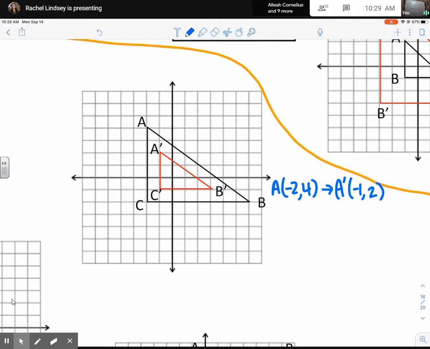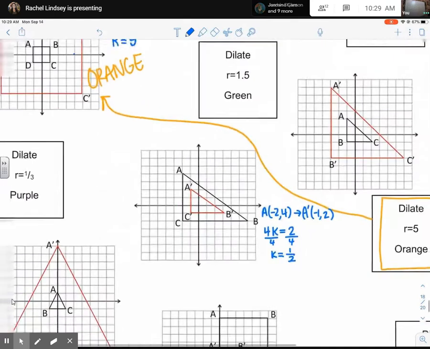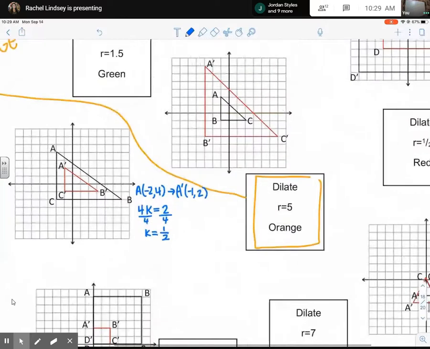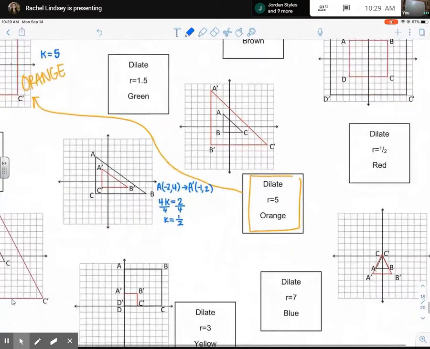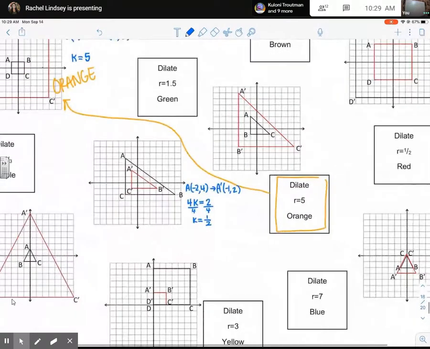You can look at your x's or your y's. I'm going to look at y's this time. So 4 times k has to give me 2. So I can solve for k, divide both sides by 4, and what's my scale factor there? 1/2. So green or red? Wait, never mind. Red. So that would match up with the red one.